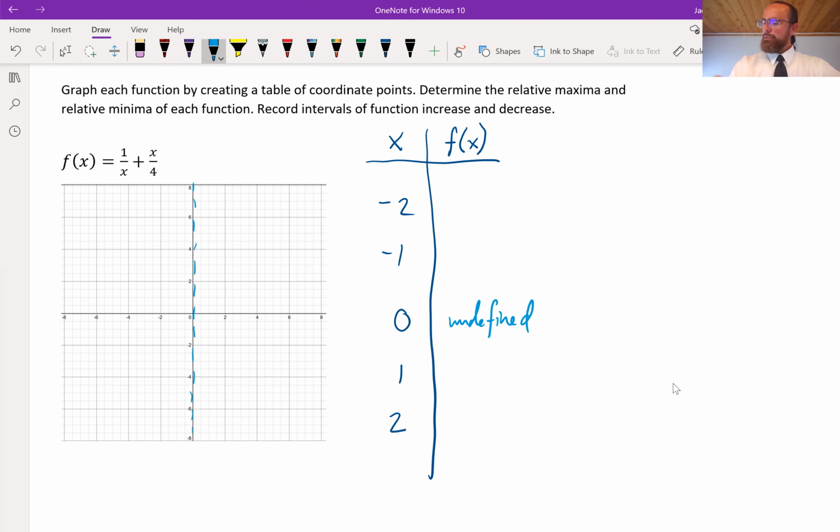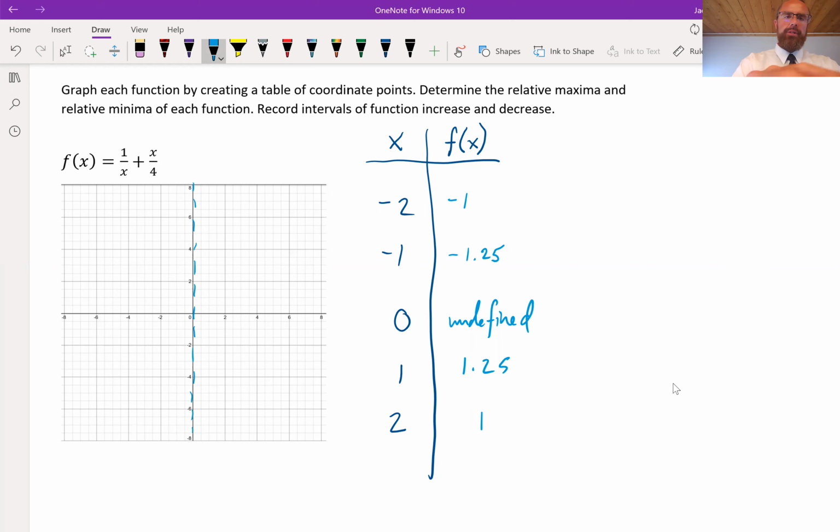At -2, recall, we had the value of -1. And at -1, we had the value of -1.25. At 1, we had the value of positive 1.25, and 2 had the value of 1.